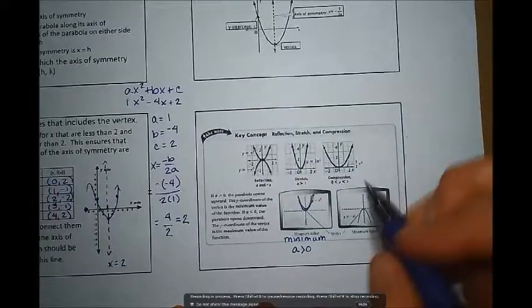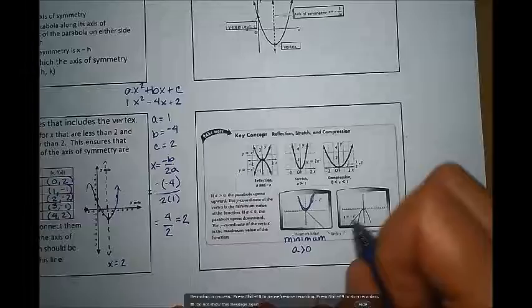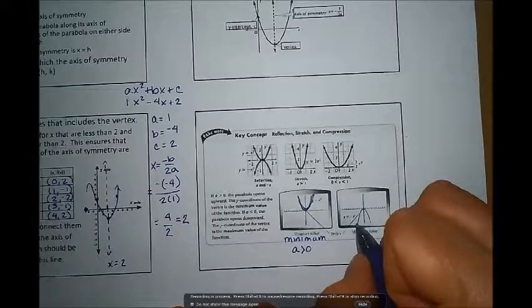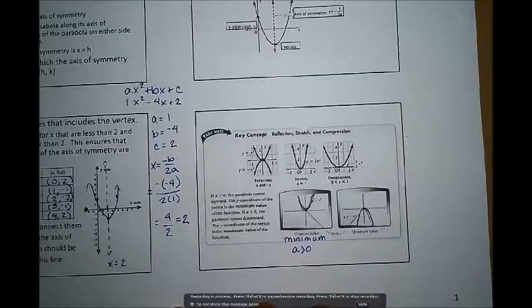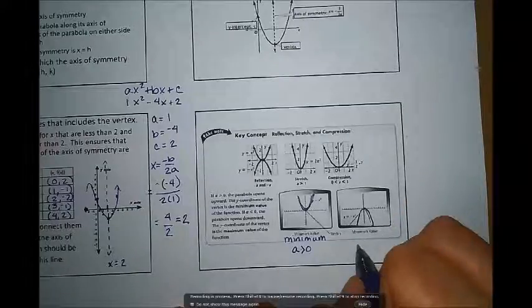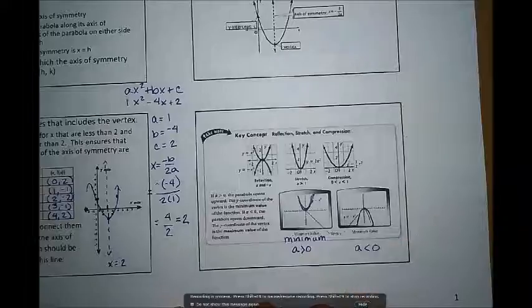If you have a frowny face, that means you are negative. You are less than 0. Negative people frown, positive people smile. If it's negative, your vertex is at the top and you have a maximum.